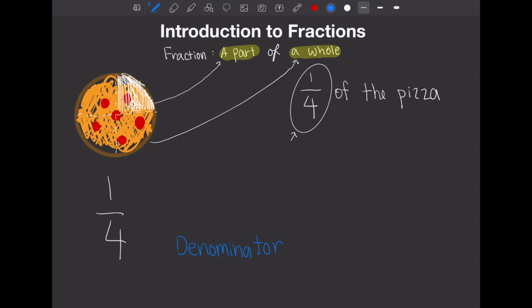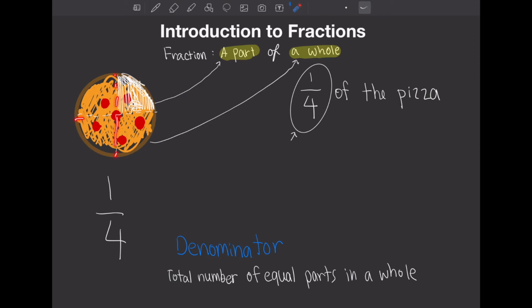And the denominator represents the total number of equal parts in a whole, or of a whole.